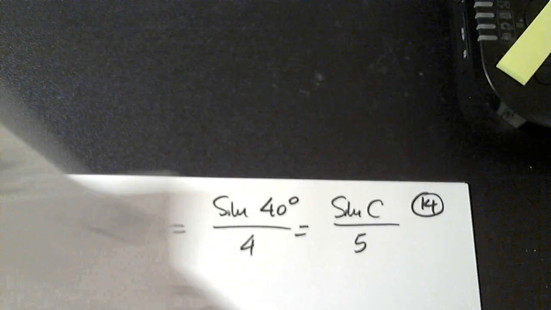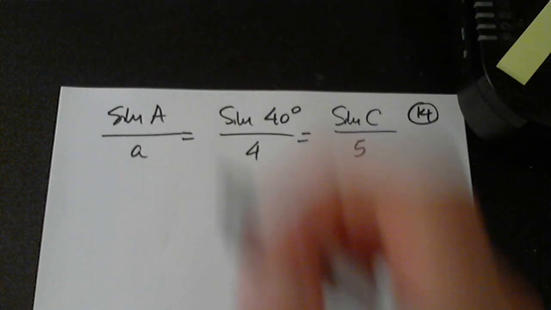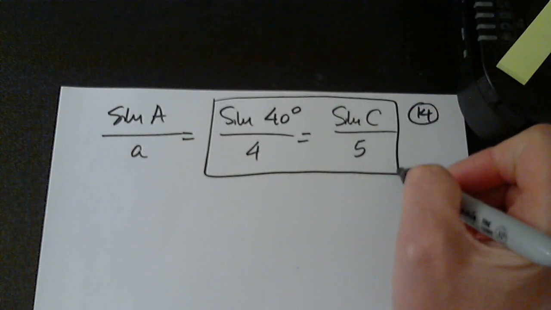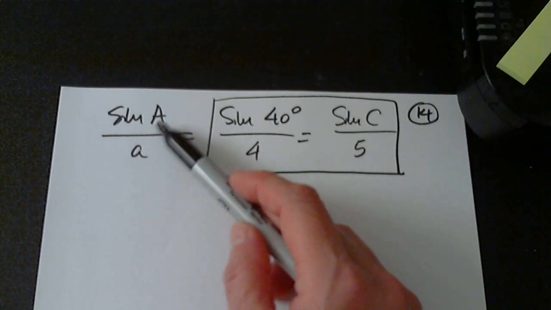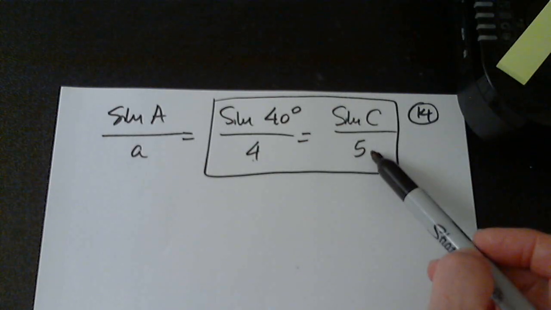Good. I have to start with a proportion. Let me see, am I arranging this in order? Yes. Okay, I have to start with a proportion. And I can only start with this one, because I don't have anything here. So this is given, this is given, this is given.